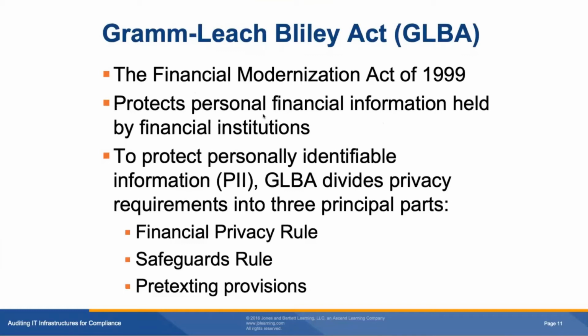And then they have to send you a notice. You ever get those things in the mail? These are our annual privacy notice, how we use your information. You have to do that if you're a bank.